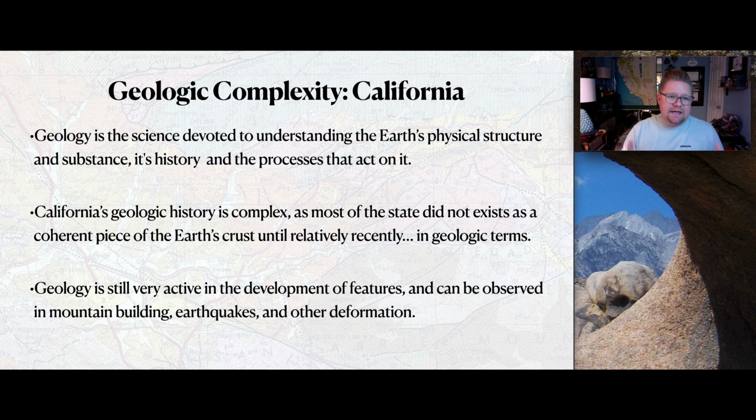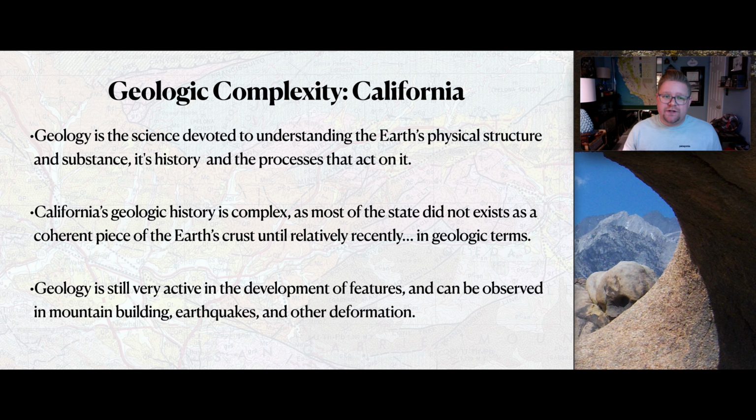So let's just begin with the geologic complexity of California and really understanding what geology is. Now, geology is the science devoted to understanding the Earth's physical structure, its substance, its history, and the processes that act upon it.